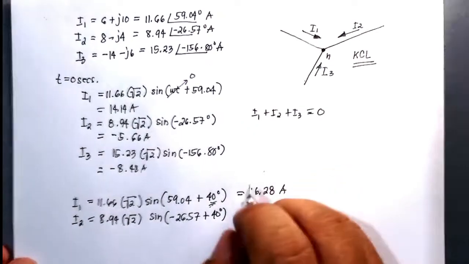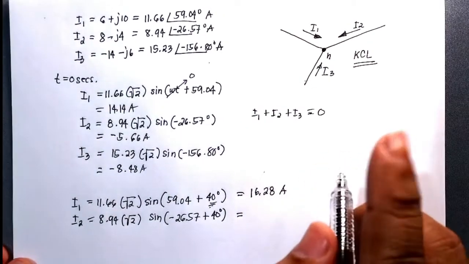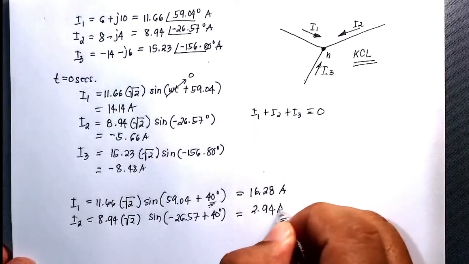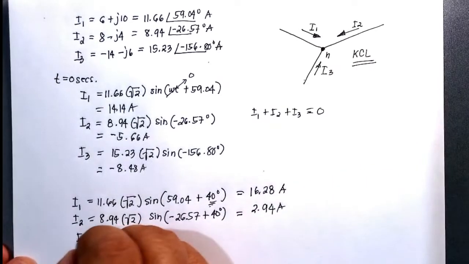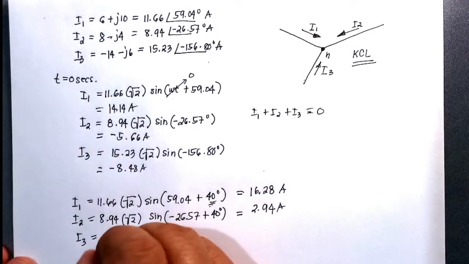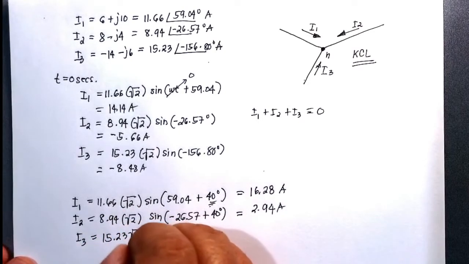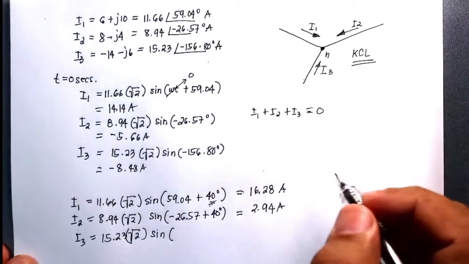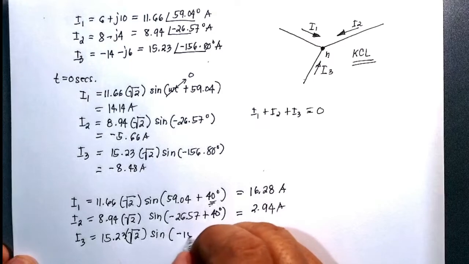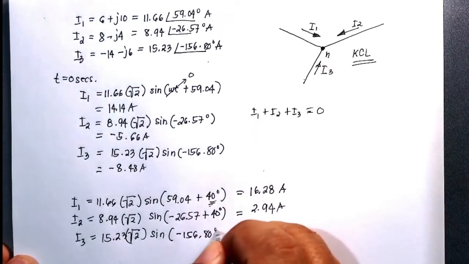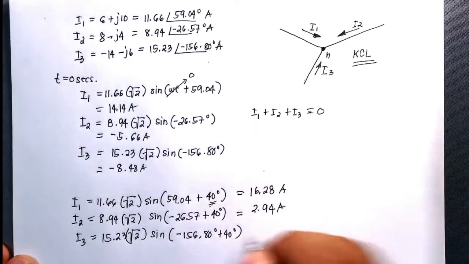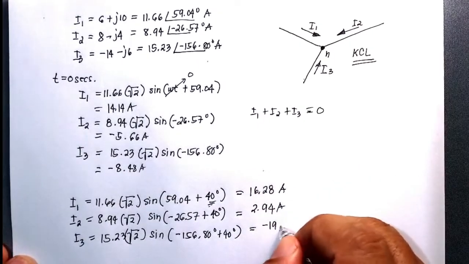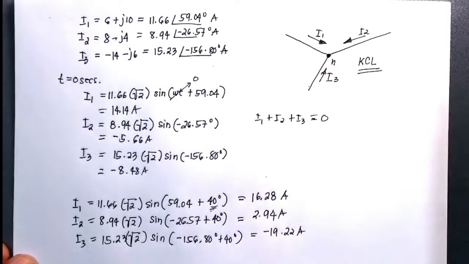Using your calculator, you get 2.94 ampere. And for I sub 3, again 15.23 square root of 2 sine of negative 156.80 degree plus 40 degree. Press your calculator and it will give you negative 19.22 ampere.